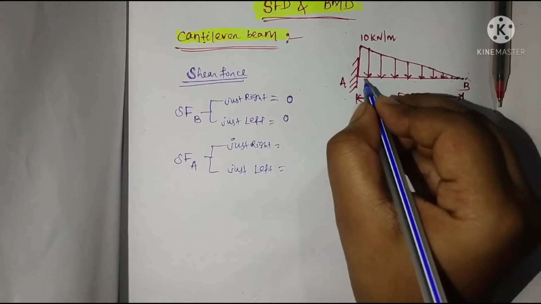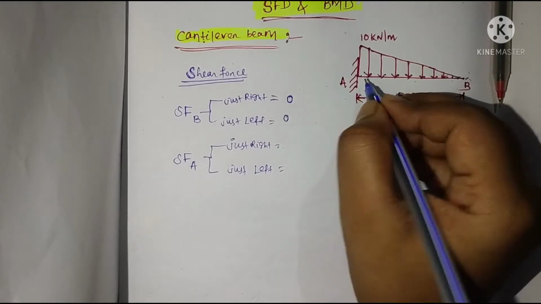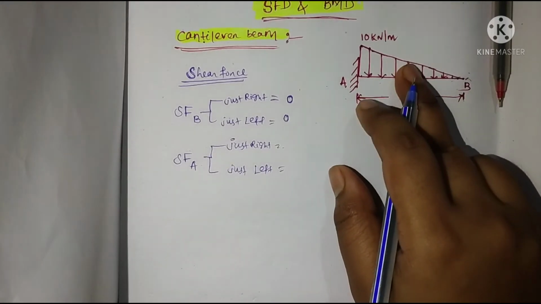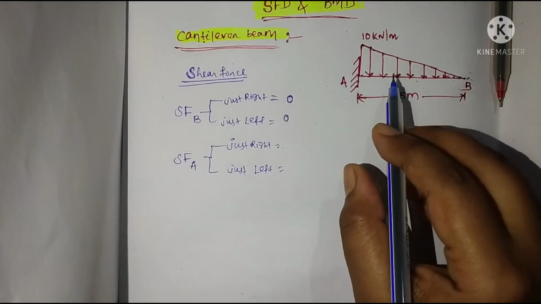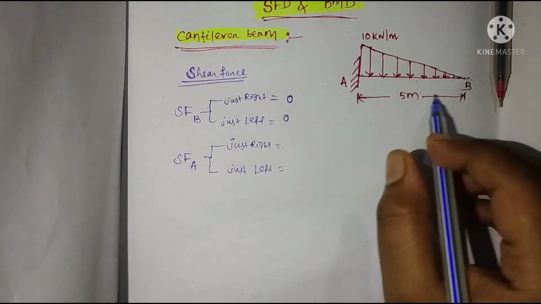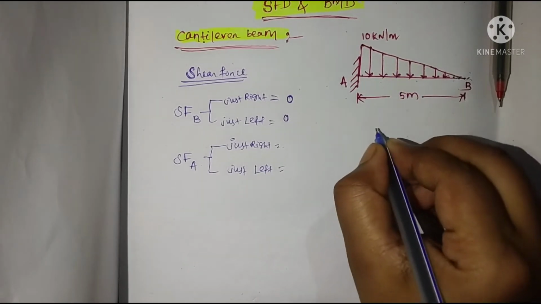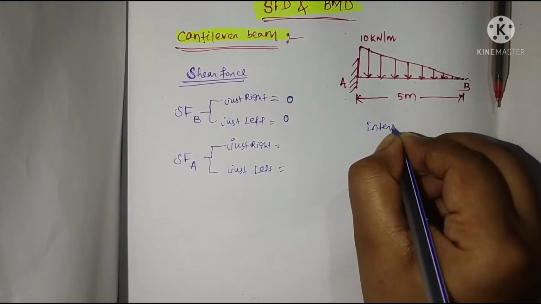At just right, the shear force will be how much? In case of uniformly varying load, we take the load equal to the area of the loading diagram.